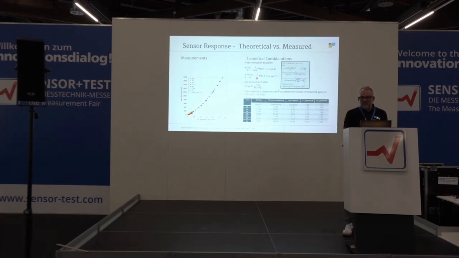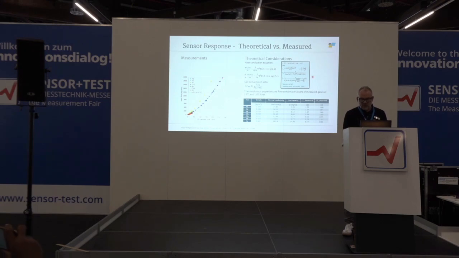In reality, it's more complex. You see, there are more parameters here because we have a small membrane, and only a small part of the gas is really in contact with our sensor. So viscosity of the gas and so on will also play a role, but the main factor is this thermal conductivity and CP, which you have to correct.